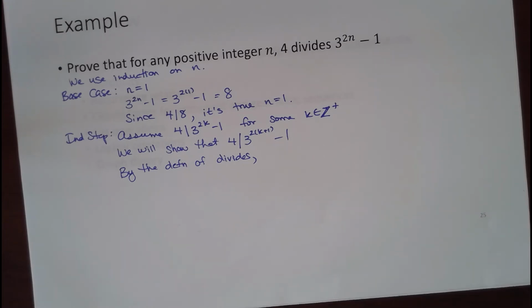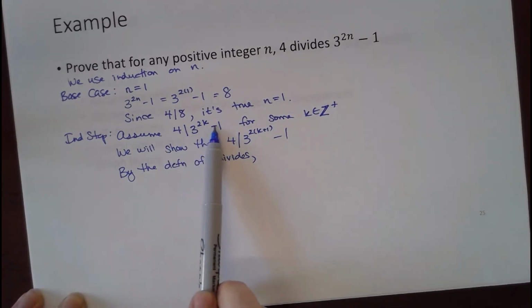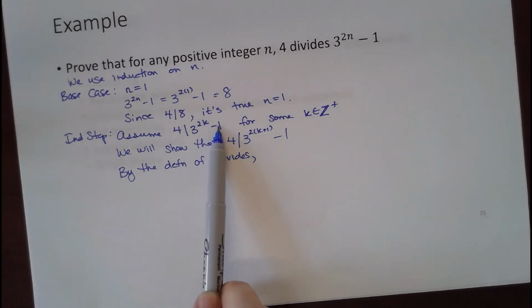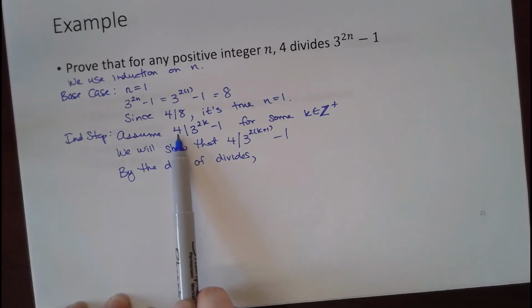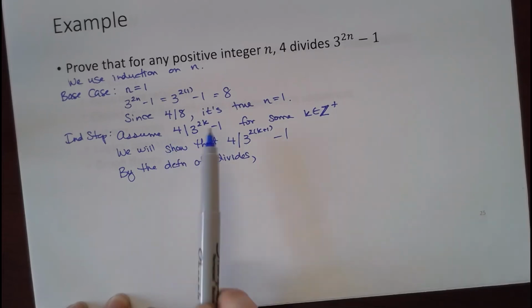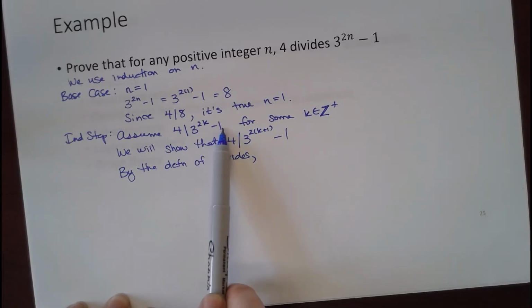What does that mean? Yeah, it means that 4 goes into the value without a remainder. That means that 4 would go into this value without a remainder, which basically tells us that I could take 4, multiply it by some integer, and that product would be this number, right? So remember, that's the definition.